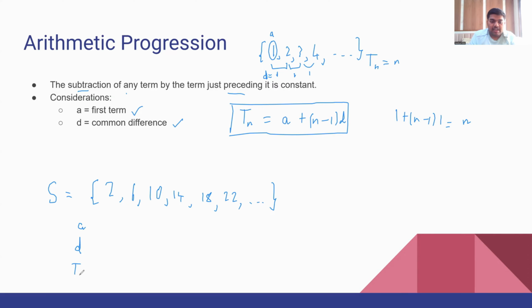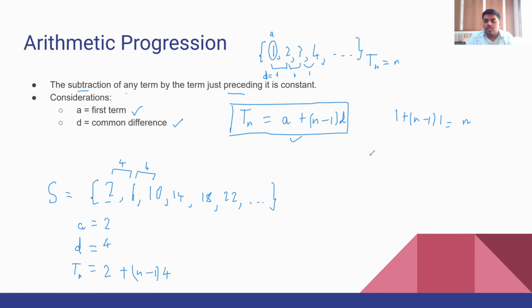And what is the nth term? So see, the first term is A, which is equal to 2. The common difference, 6 minus 2, it is 4. 10 minus 6, it is again 4. So common difference is 4. And the nth term using this formula is 2 plus n minus 1 into 4.